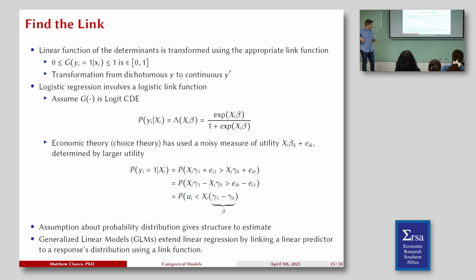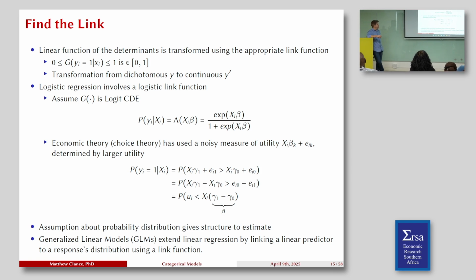Okay, so that is the link function. Once we do this, it puts it into something that is considered continuous. Okay? And this would be the CDF, sorry, of the logistic function.